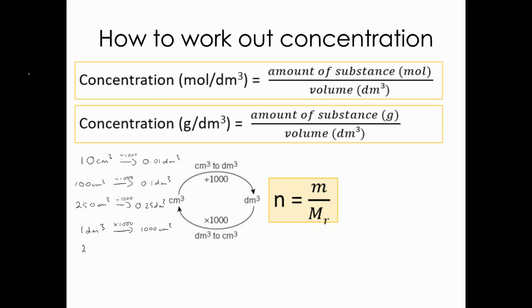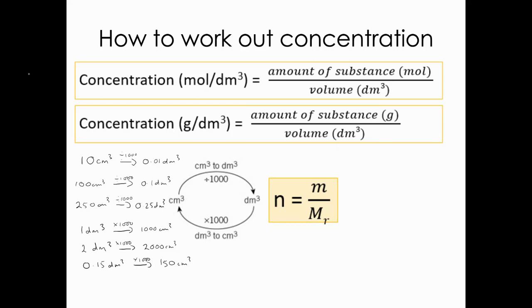If I had 2 decimeters cubed, I just times that by 1,000, and that would be 2,000 centimeters cubed. If I had 0.15 decimeters cubed, again, times that by 1,000, and that would give me 150 centimeters cubed. So we can quite easily convert between the two.